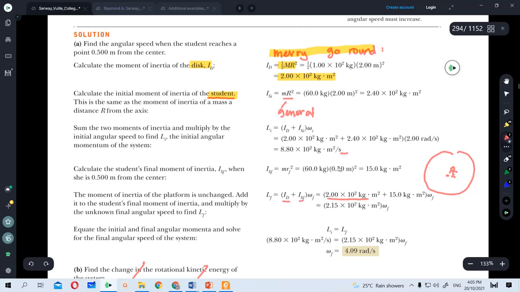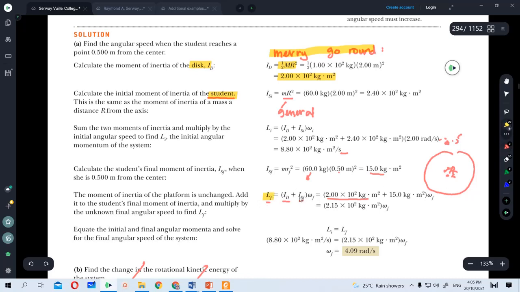However, his r would be changing. We need to recalculate balik. Kira semula. A new calculation. So whereby inserting 0.5 just now. 0.5 R tu. Okay. And then we arrive with this one. So this is actually final angular momentum.